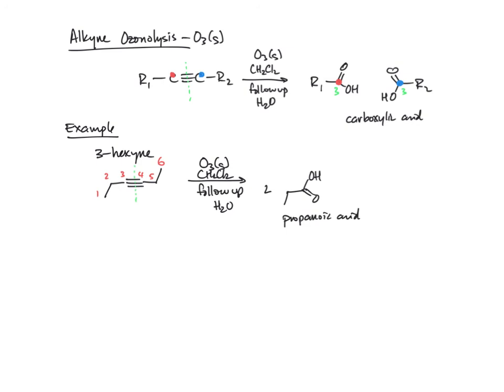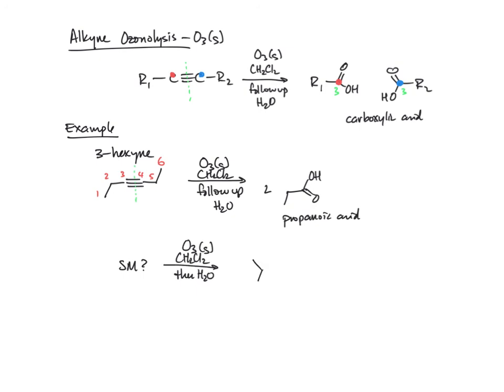So sometimes you can see these reactions presented to you as a puzzle. So for example, I'm going to write SM question mark is treated with O3 gas, dichloromethane, then water.